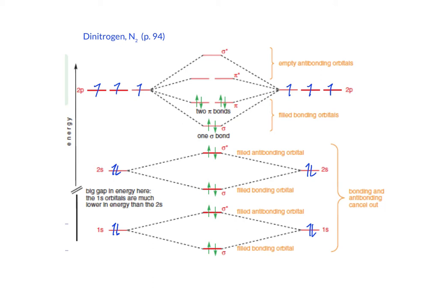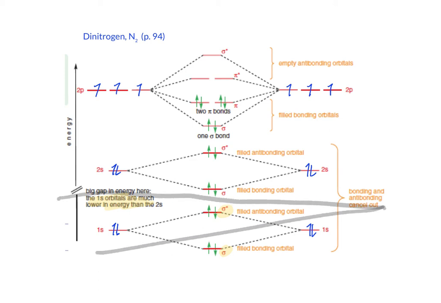For the 1s orbitals, these are very low in energy. Technically, these also will mix, but the sigma is counteracted by the sigma star, bonding and anti-bonding orbitals. And from this point forward, we will focus only on the valence electrons in the second shell.